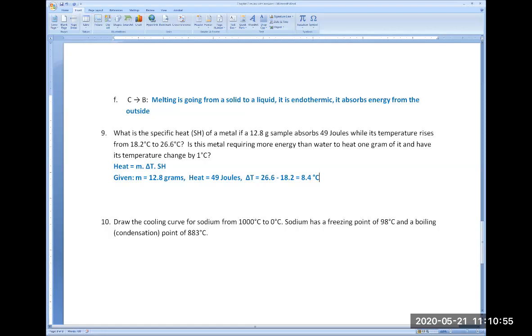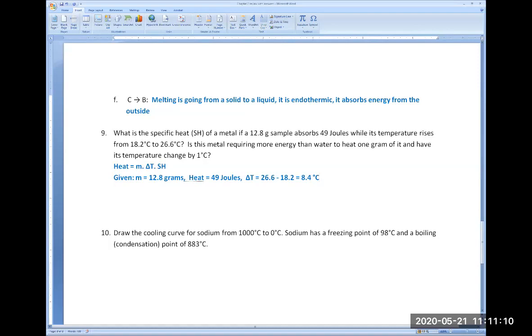So it took 8.4 degrees Celsius. And you know the amount of energy you applied, and it's 49 joules. And you know the mass of your piece of metal, and it's 12.8 grams. And we are looking for SH, specific heat, SH.